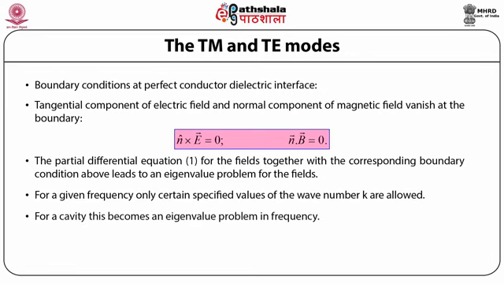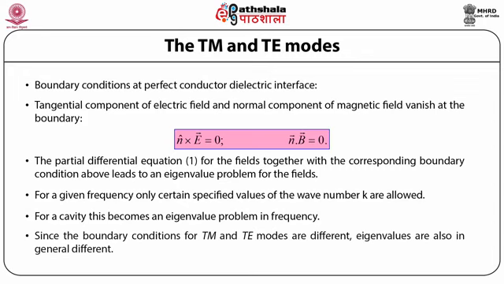Further, for any cavity, this becomes an eigenvalue problem in the frequency, which is something that we are going to study slightly later. And since the boundary conditions for the transverse magnetic and the transverse electric modes are different, the eigenvalues are also in general different.